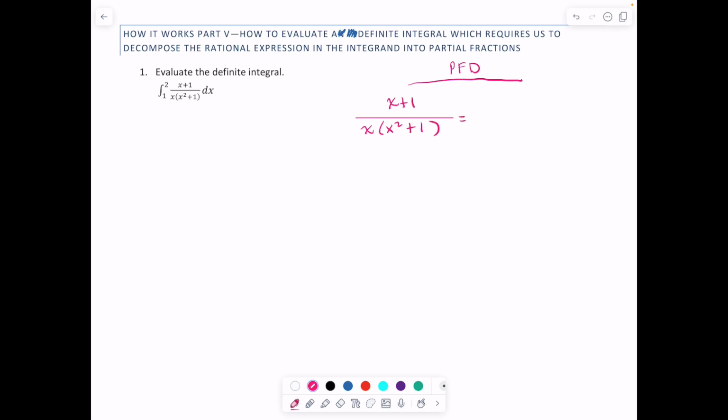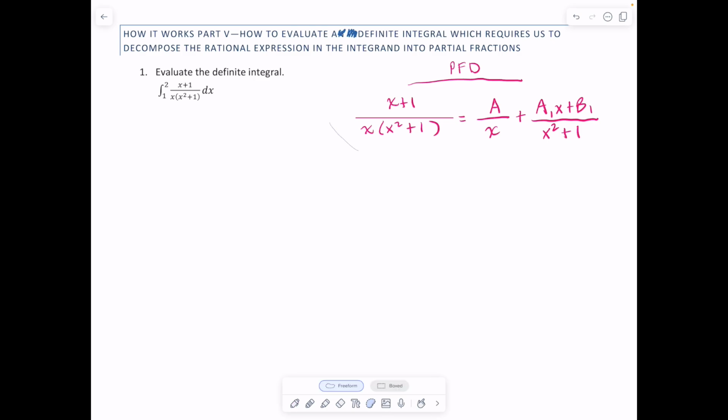That's going to equal a over x, because I have one linear factor, plus a sub 1 x plus b sub 1 over x squared plus 1. Remember, a is a different variable than a sub 1. Good so far?